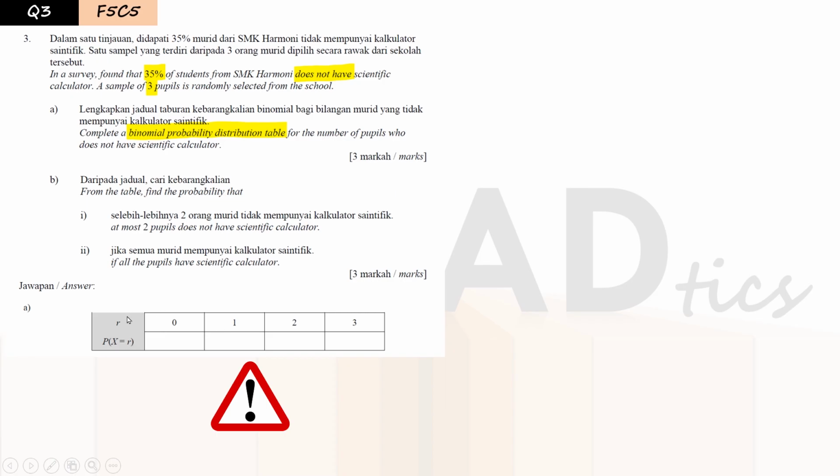Right, so let's focus on the first row, which is R. R here represents the list of possibilities that can occur in this experiment. Let me give you the 2 extreme cases. It can be that from the 3 pupils that we have selected, none of them do not have a scientific calculator, so that's why it will appear 0.